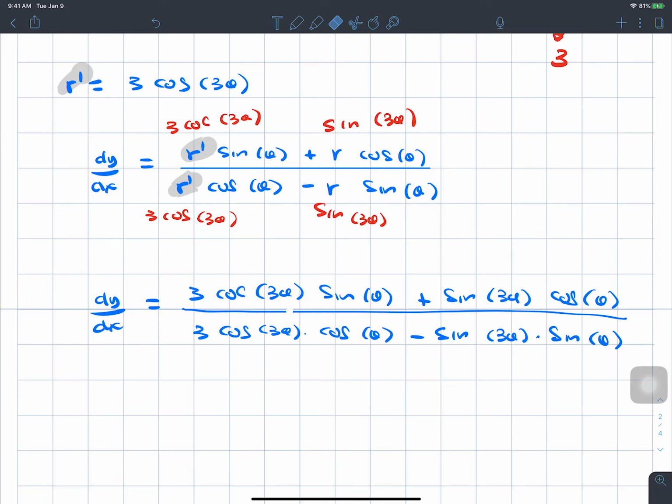And this is our derivative. This is dy/dx. So just double checking a few things.